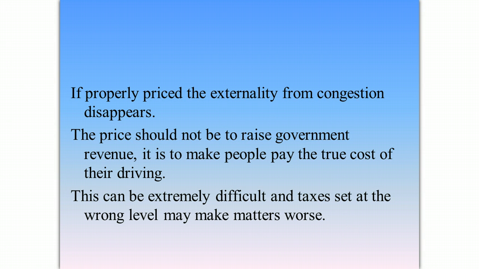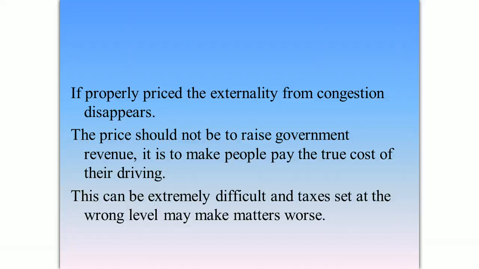So if properly priced, the externality from congestion disappears. The argument is the price should not be to raise government revenue, which is a claim about the London charge, that it's just a tax on people and hasn't really eased congestion, but to make people pay the true cost of driving.